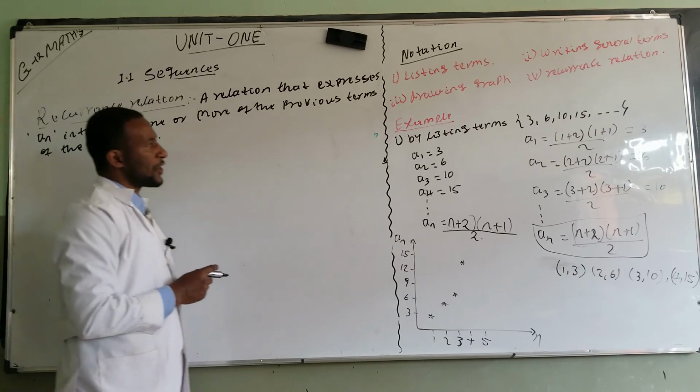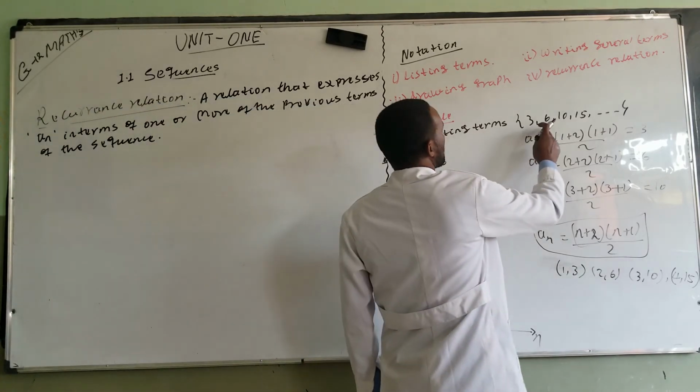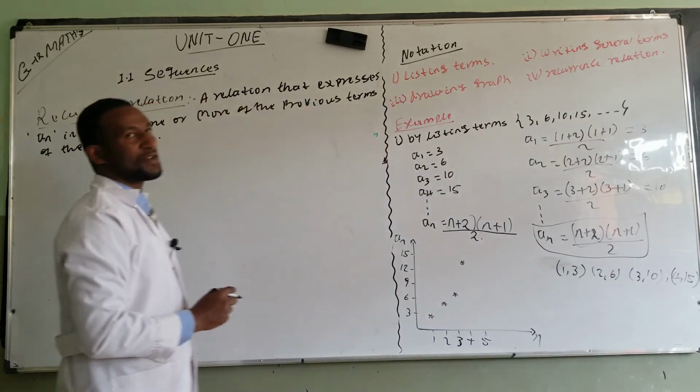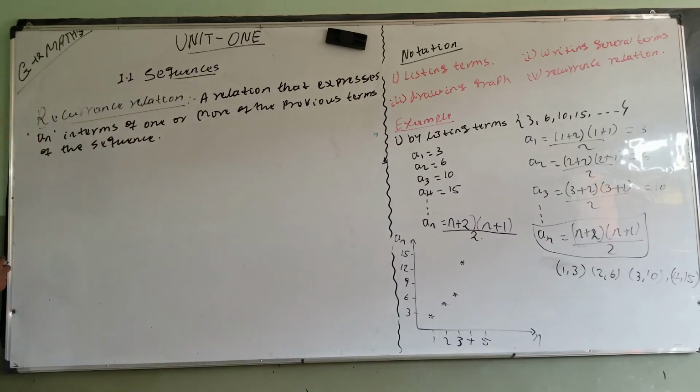When we show a sequence in terms of the previous term in the sequence a n, that means in the listing, the term a1 is given for us.